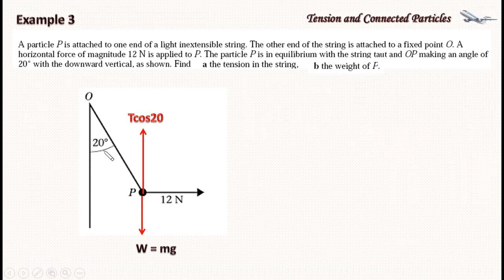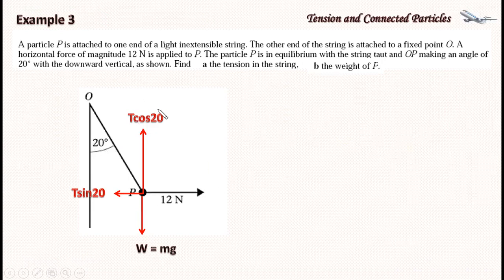We note that this angle of 20 degrees is the same angle here, so that's why we have T cos 20 degrees vertically. Then horizontally, we have T sine 20 degrees.